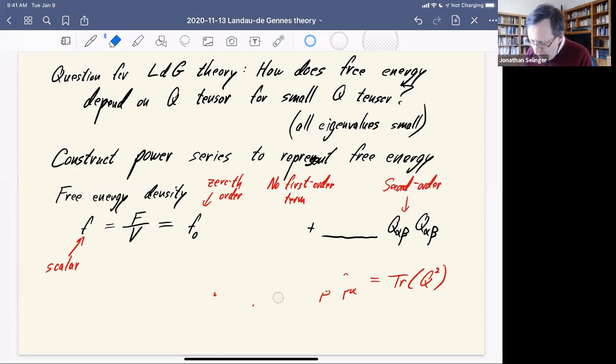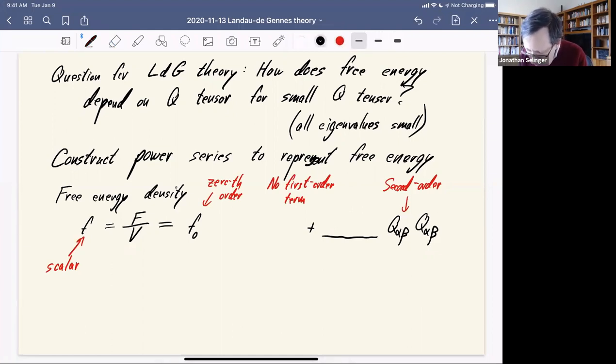What about third order? You remember when we were doing the Ising problem, there was no third order term, right? We couldn't find any third order term that had the right symmetry. What about now with the Q tensor? Well, actually there is something. We could write a term like Q alpha beta, Q beta gamma, Q gamma alpha.